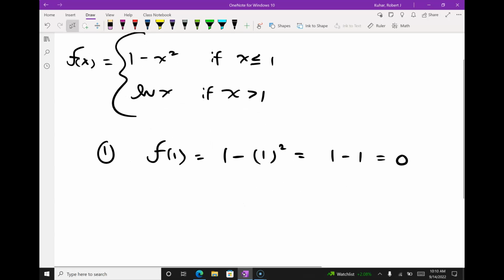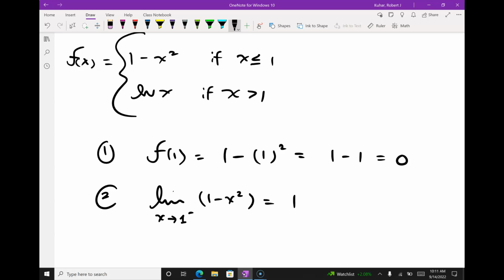Step 2, find the limit from the left and from the right of 1. So the limit as x goes to 1 from the left, we already figured that out. I'm using the machine of 1 minus x squared, and I get 1 minus 1 squared, which is 0.